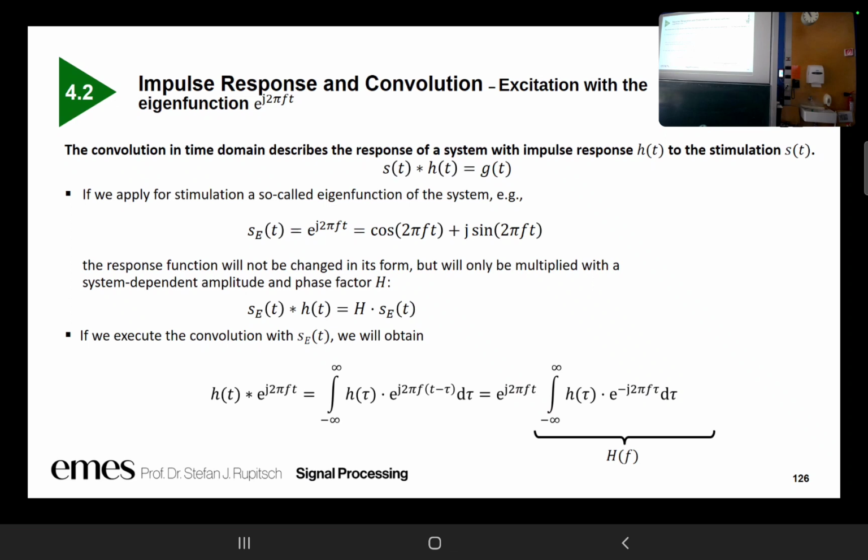As already mentioned, in radio frequency applications you are not able to measure the impulse response directly because you cannot generate very short pulses. But you can measure it by exciting your system with frequencies, and then you have the frequency response.